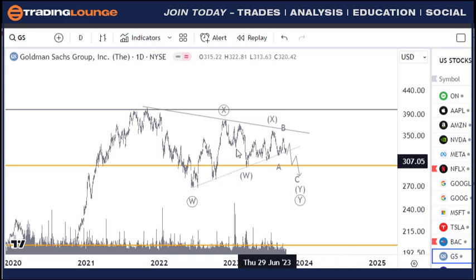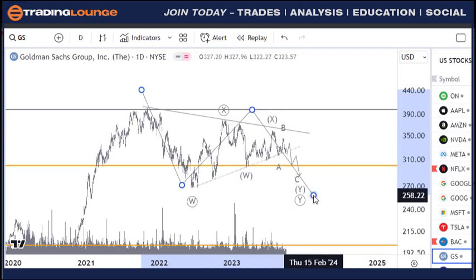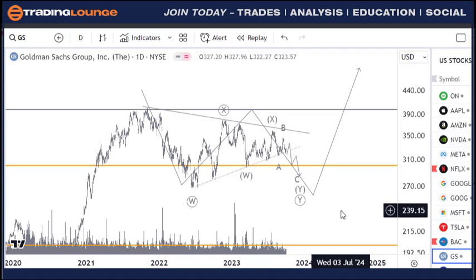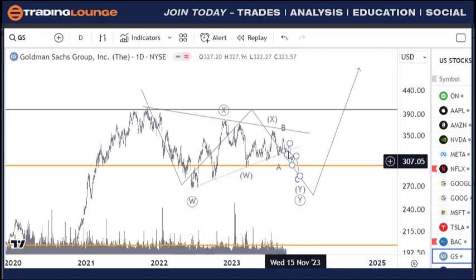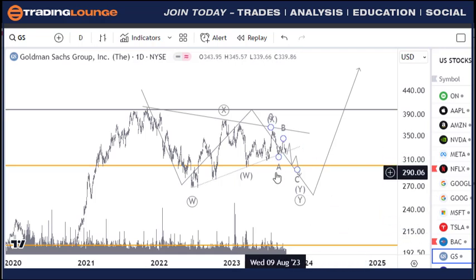But we should see this in some type of correction here, and then move to the upside. So we could look at them being bullish, but obviously not yet, that's all. Probably when the bonds bottom out would be about right, or rather the yields top out, that type of thing.